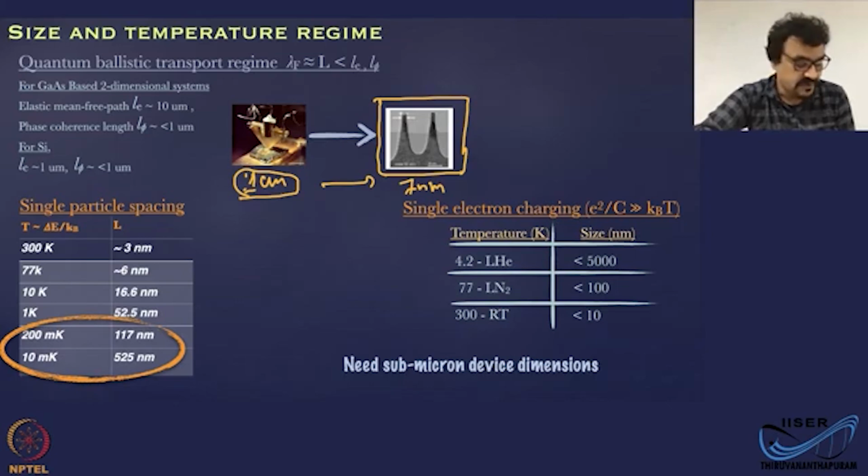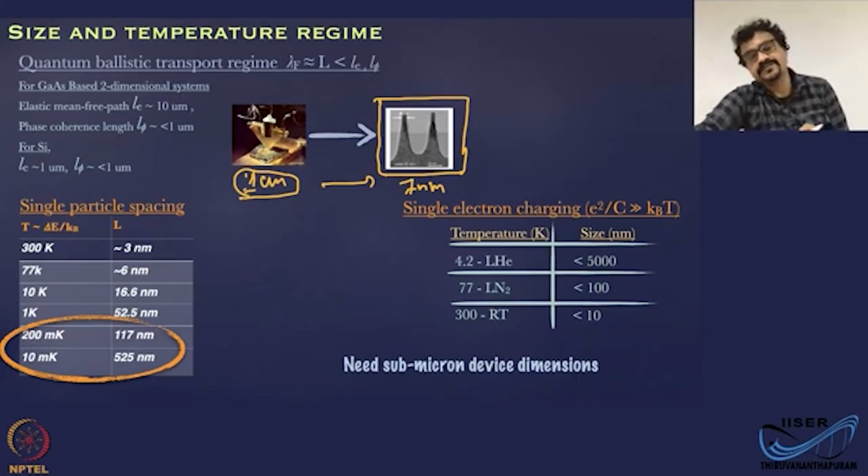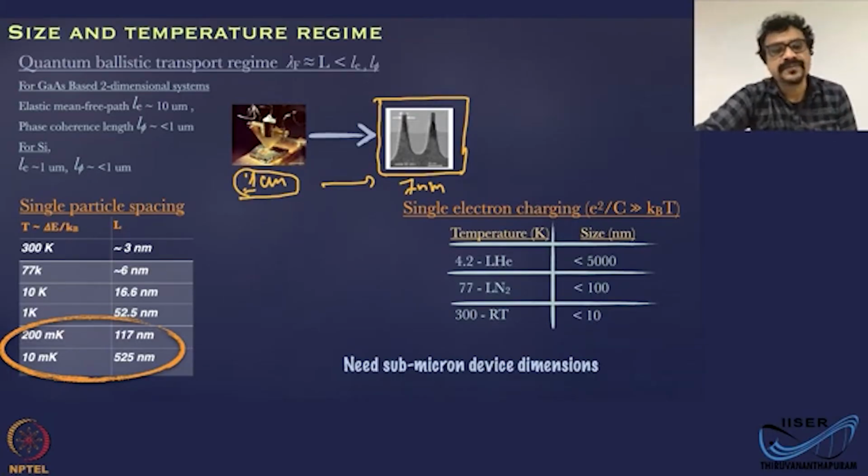You can also observe this in lower dimensions, but that requires much more sophisticated fabrication technologies. So what is generally available is a few tens of nanometers to a few hundreds of nanometers to a micrometer, which will operate in the cryogenic temperature regime, below 4 Kelvin or below 1 Kelvin. And that is the physics and that is the technology that we are going to discuss throughout this lecture.